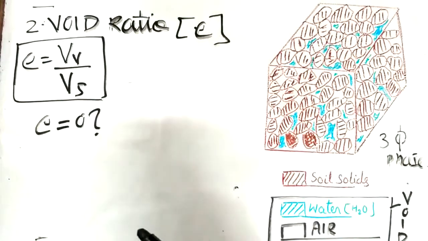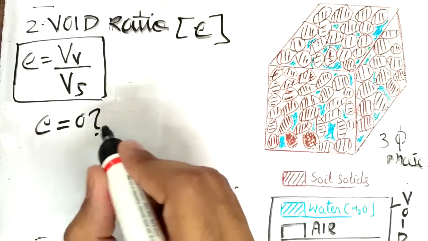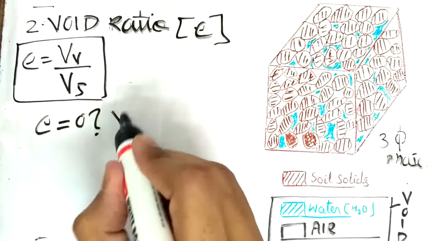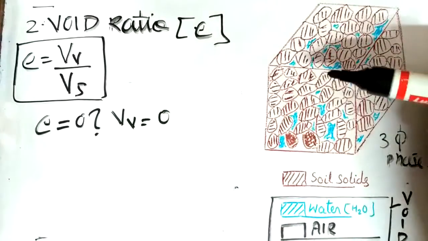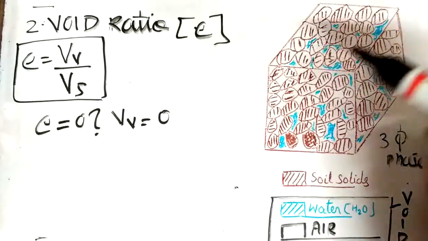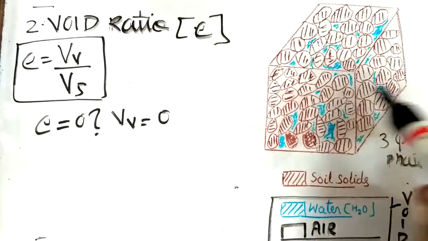When will we get e equal to 0? We will get e equal to 0 if my volume of void is equal to 0. And imagine if I suck out all the empty space from this sample, or all the empty space in this sample is absent, wouldn't this sample become solid?